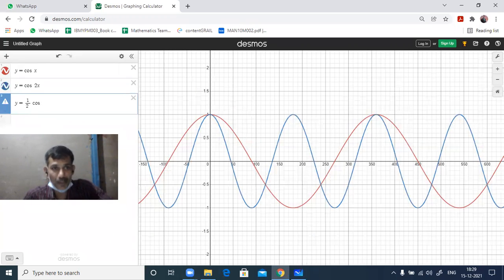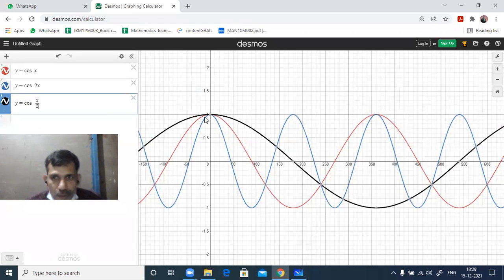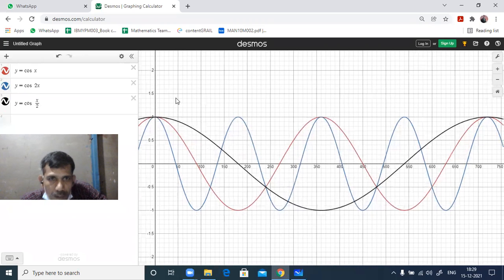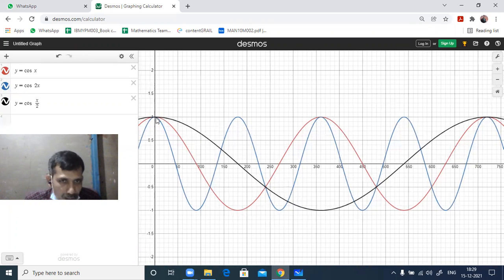Suppose we are decreasing the angle, then what happens? We'll see. If the angle is reduced, x by 2, then what happens? The amplitude remains the same. From the principal axis it is 1 unit only, every time 1 unit.